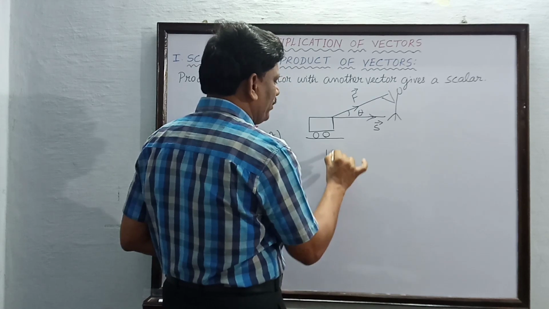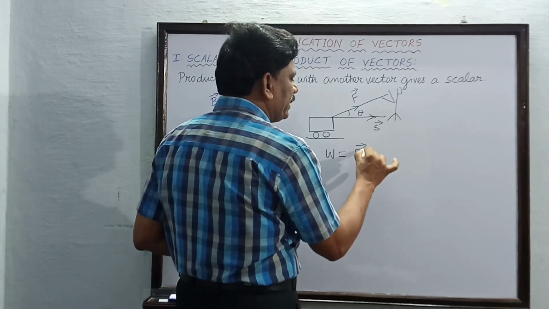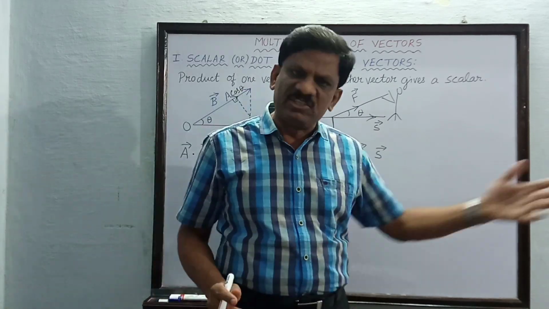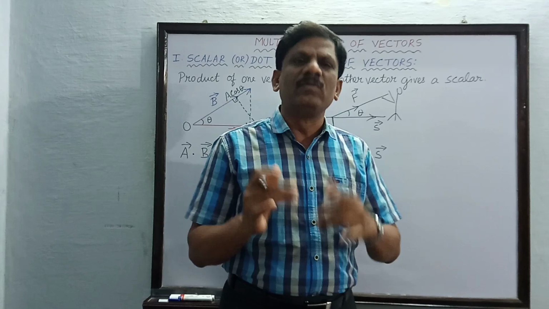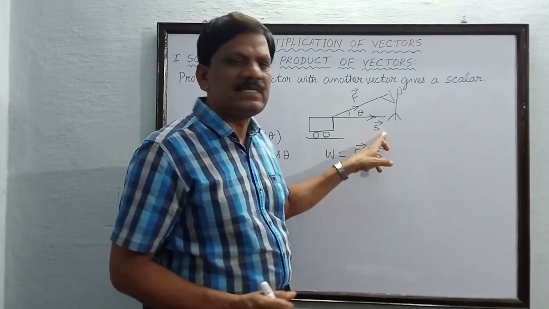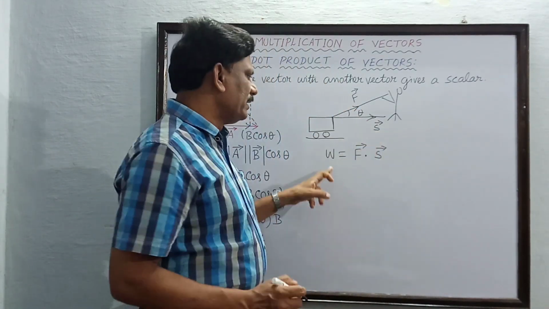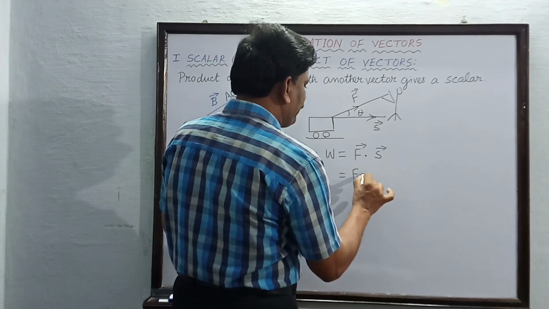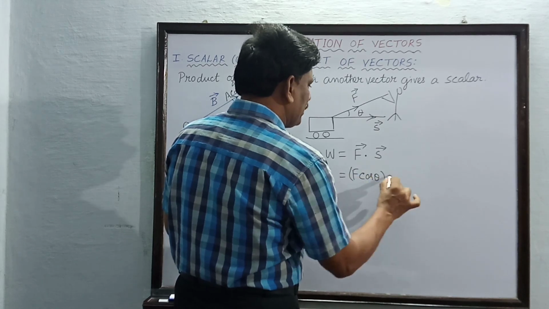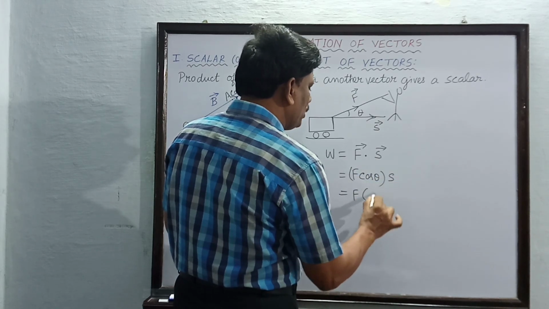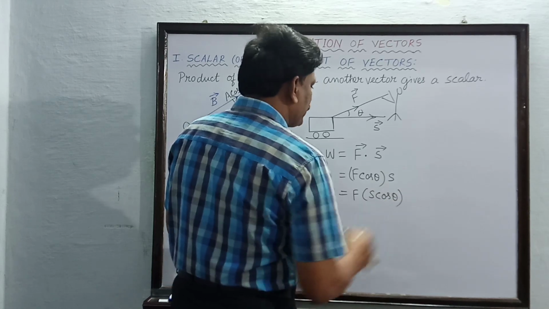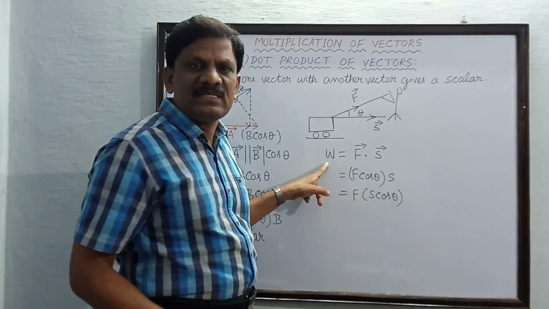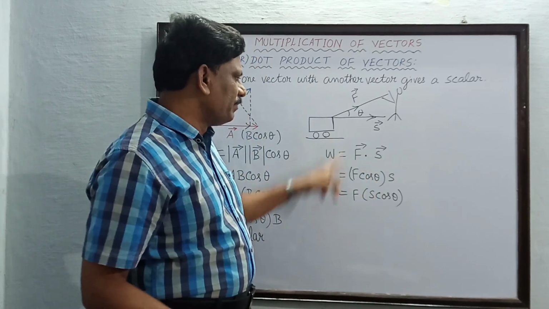That is denoted as W, and that is found to be equal to the dot product of the force and the displacement. So W is equal to F dot S, which is equal to F cos theta into S, or F into S cos theta. So the dot product of two vectors is always a scalar. Understand? So this is the best example.